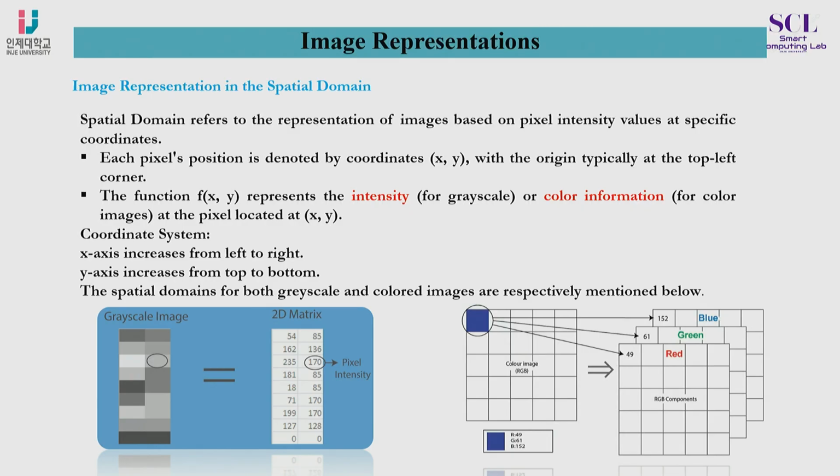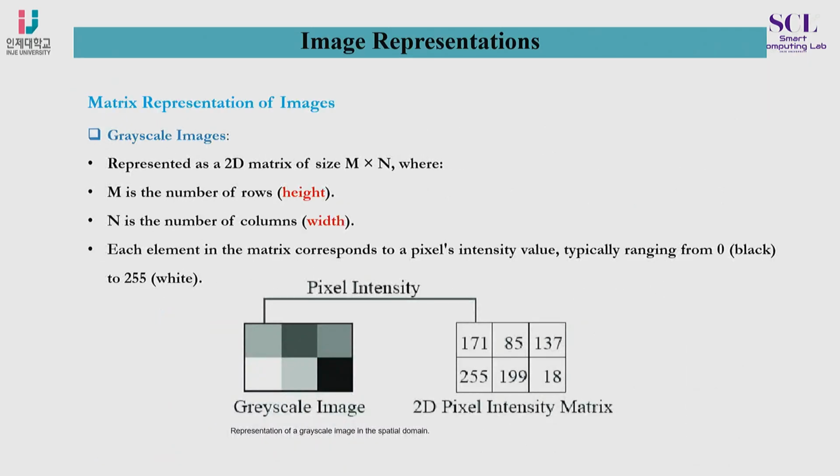And likewise, for this pixel, it has 3 channels, as I mentioned. It has different values for the RGB channels. So maybe the red channel has value 49, the green channel has 61, and blue has 152. So there are different values for each channel. I have explained these things.